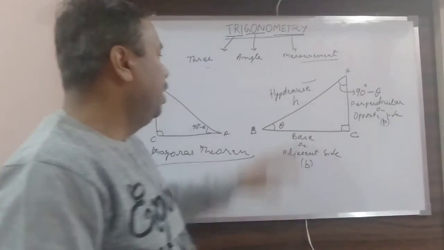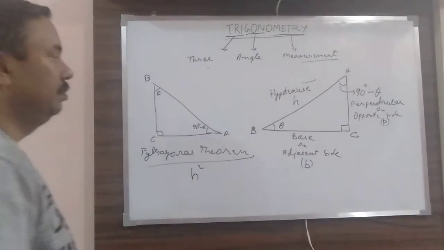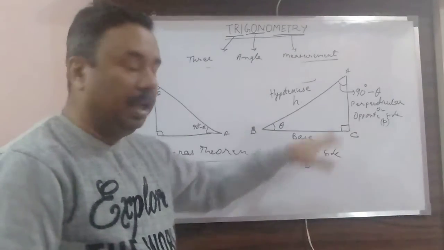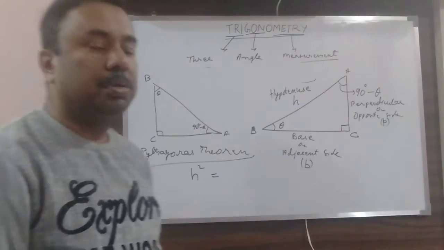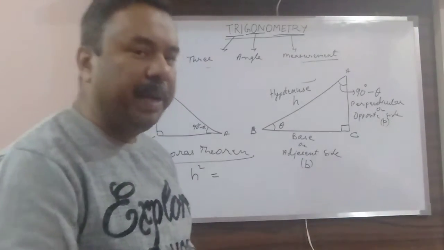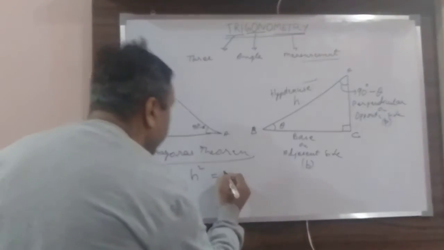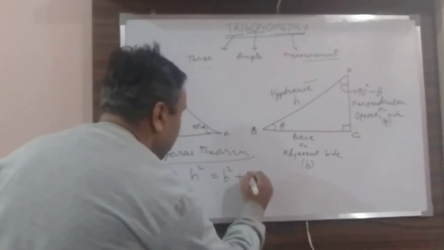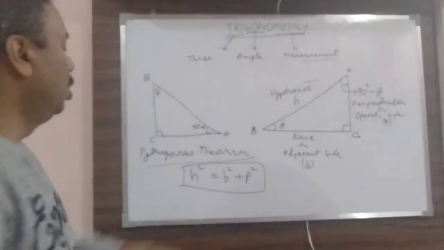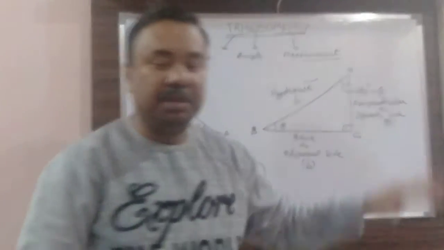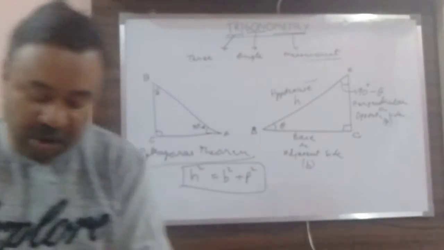This Pythagoras theorem is basically that the square of the hypotenuse is equal to sum of the squares of other two sides, whichever is base, whichever is perpendicular. The square of base plus square of perpendicular, the sum of these two values will be equal to the square of hypotenuse. This is what is called Pythagoras theorem.